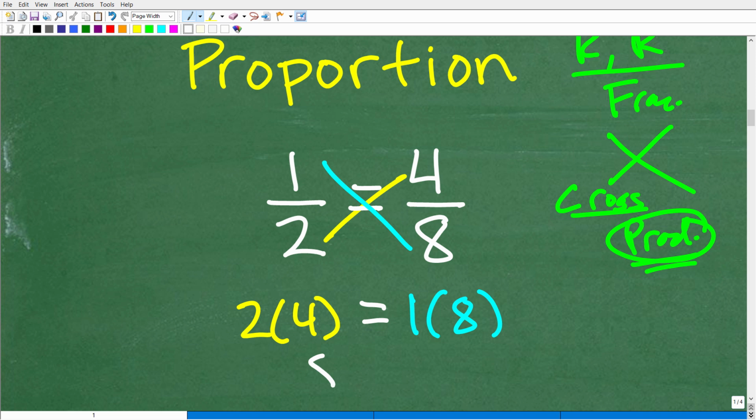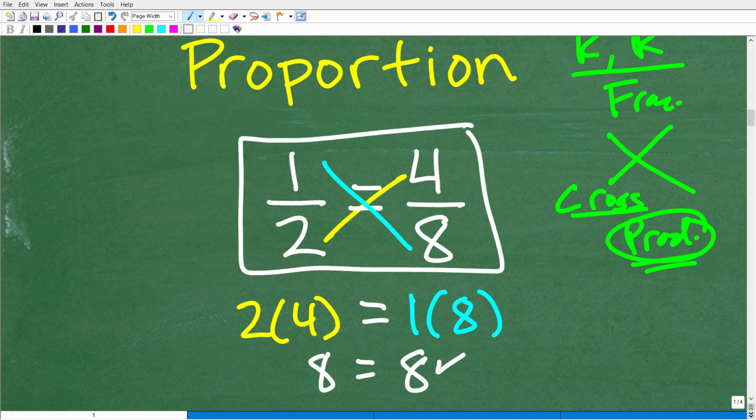And of course, 2 times 4 is 8, and 8 is equal to 8. So one thing you need to understand is when you have a proportion, two equal fractions, the cross products are equal. And this is exactly what we need to understand in order to solve this problem.